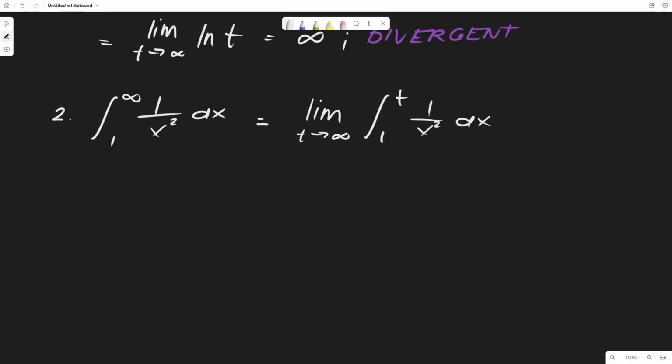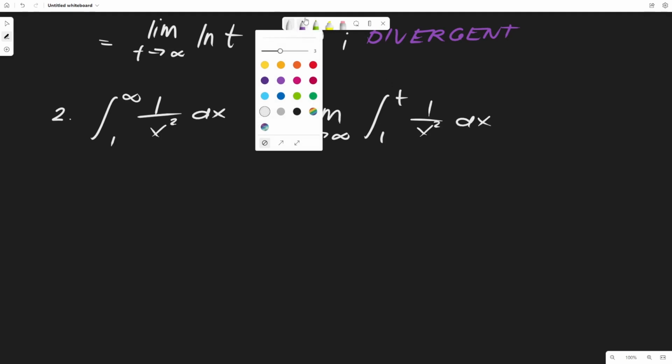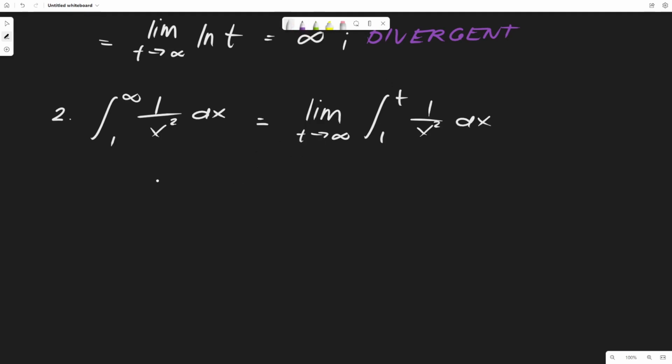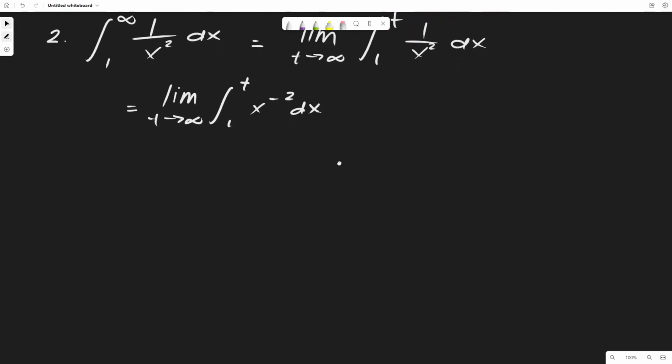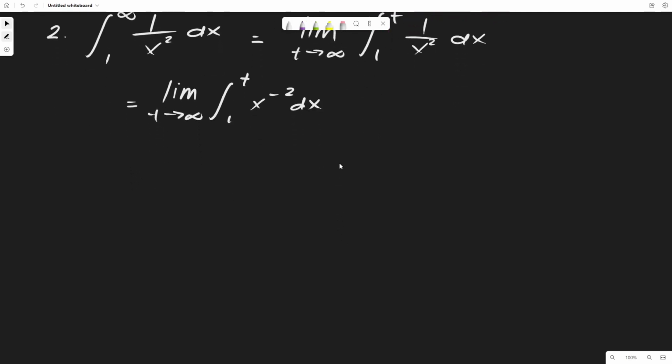So, this integral, yung 1 over x squared, can be rewritten as x raised to negative 2. Okay, so the limit of the integral from 1 to t of x raised to negative 2 dx, as t approaches infinity.